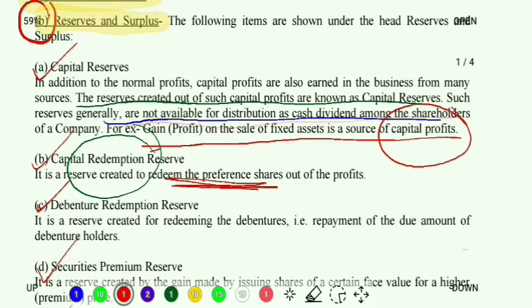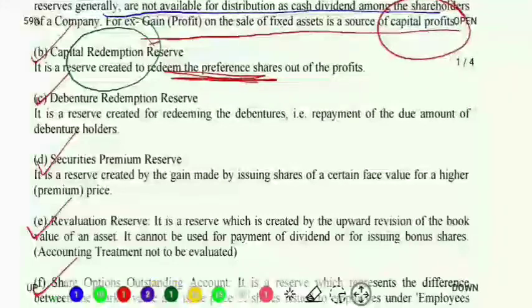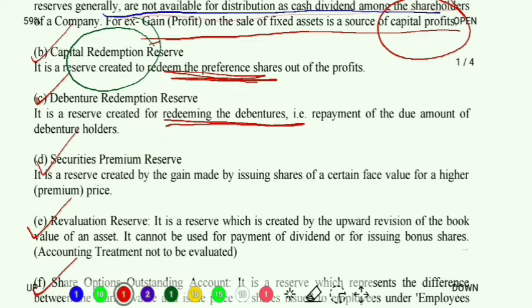Clear? Capital redemption reserve. Next, coming to debenture redemption reserve. Same concept in case of debentures. Debenture redemption reserve is a reserve which is created for redeeming the debentures. What does redeeming the debentures mean? I am repaying the due amount of the debenture holders.